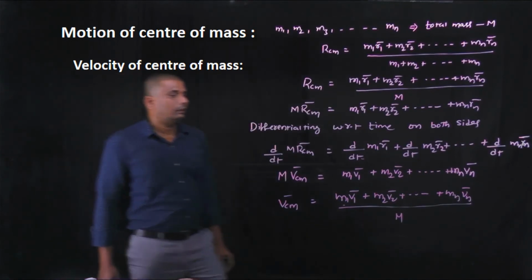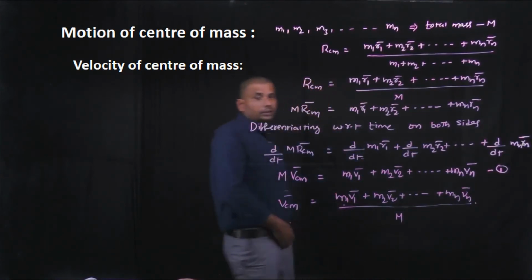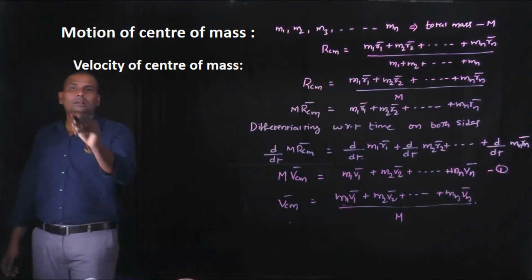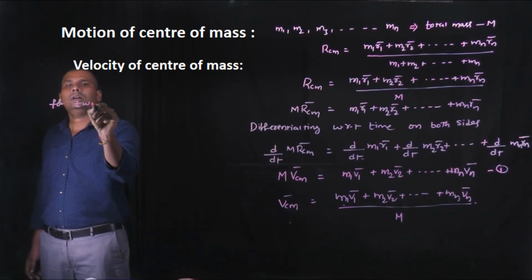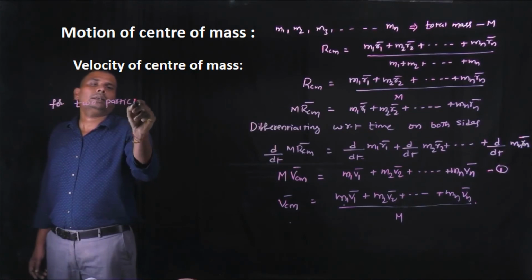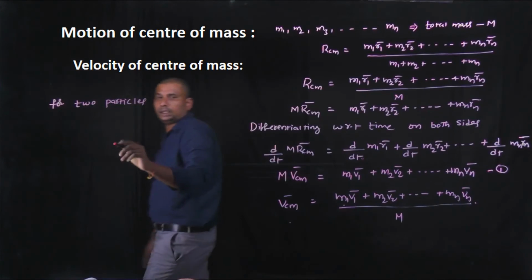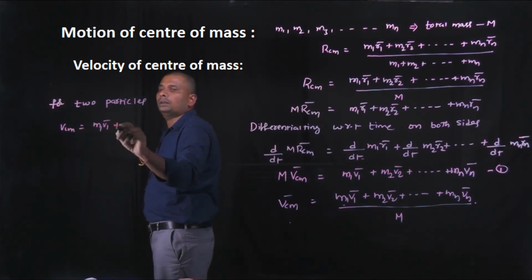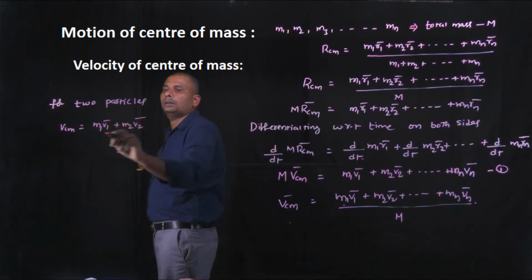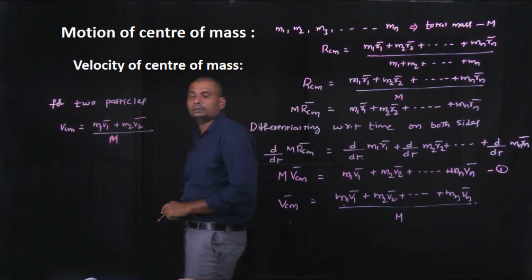Okay, let this be equation number 1. For two particles, the velocity of center of mass is m1 v1 bar plus m2 v2 bar by m1 plus m2. By adding, we get the total mass of the system.